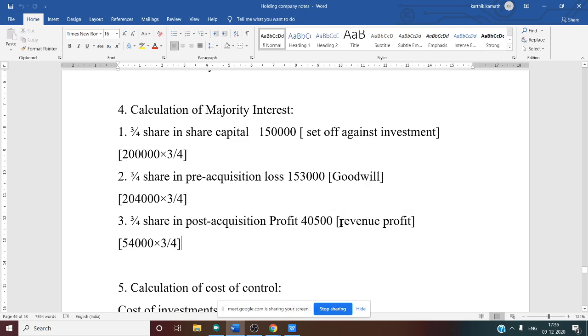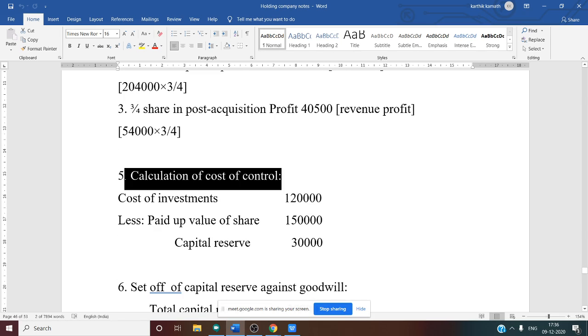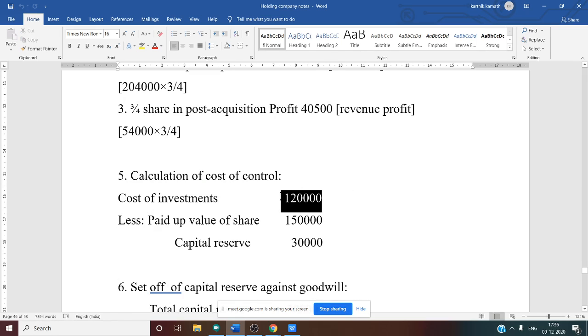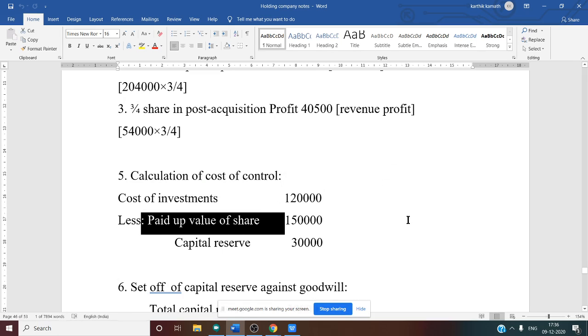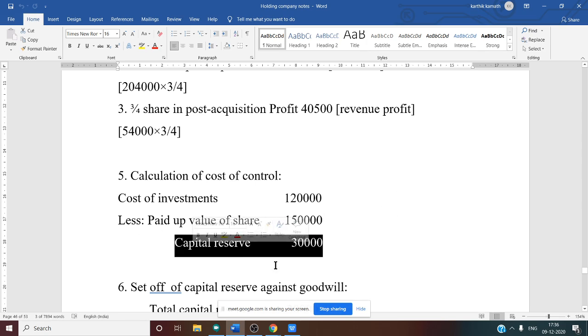This is after acquisition, so it is revenue profit. You have to consider this information for the consolidated balance sheet. This is working note number 4. After this, calculation of cost of control, working note number 5. Cost of investment, we have already discussed this, 1,20,000. Paid up value is 1,50,000. See this. Here we got capital reserve. Why?